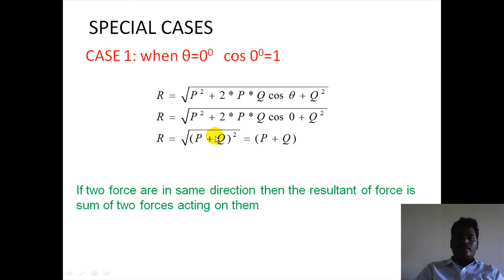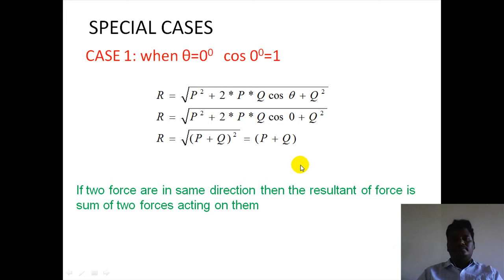Just as a squared plus b squared plus 2ab is (a plus b) squared, by cancellation the root and the square cancel, and what remains is P plus Q. If two forces are in the same direction, then the resultant force is equal to the sum of the two forces acting on the body.